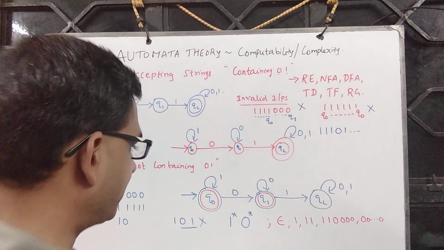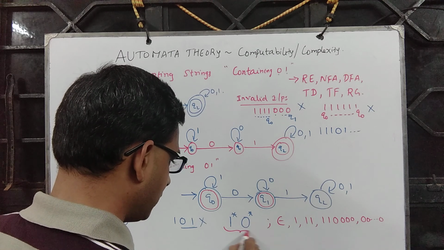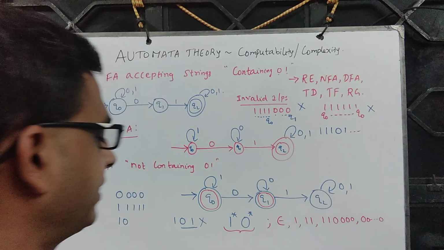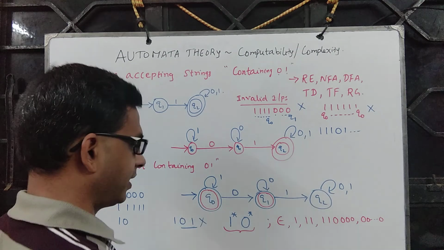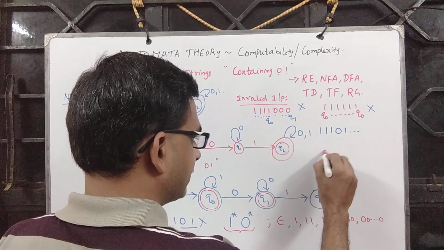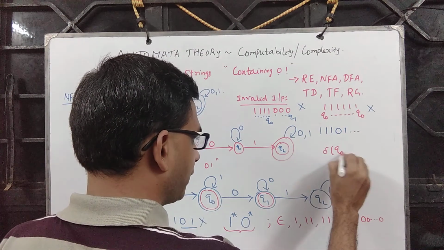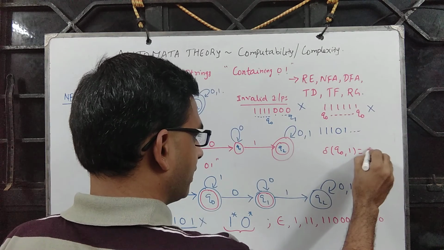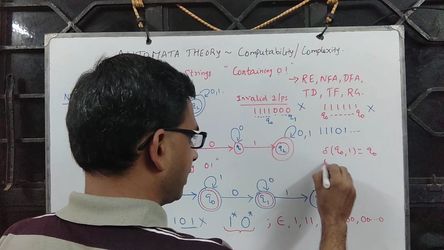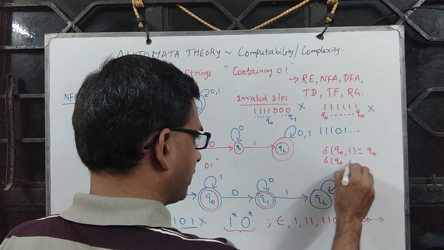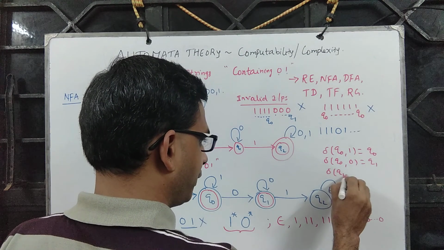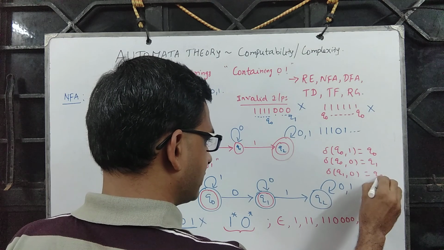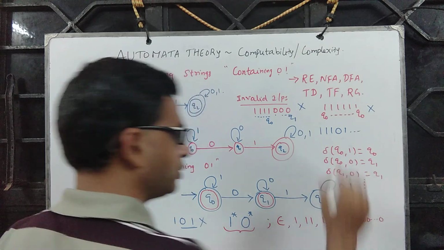So the regular expression corresponding to this automaton is precisely this. Now one can also describe the function. One can say delta of q0 comma 1 is q0, and delta of q0 comma 0 is q1, delta of q1 comma 0 is q1, and so on.